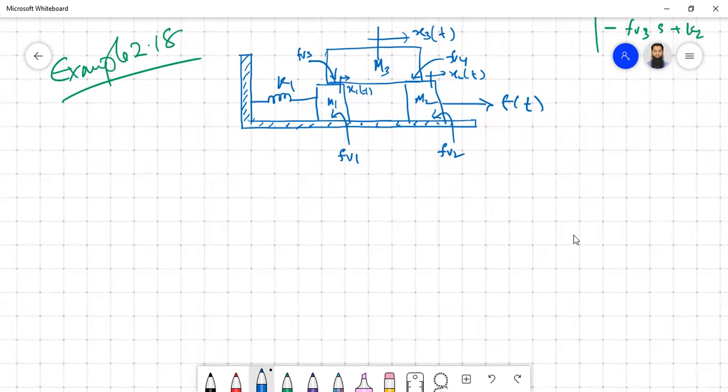Let us first write the equation for M1. So x1, self-impedance: M1 S square plus all of its own impedances. How many FVs do you have? FV1 and FV3, so two FVs.